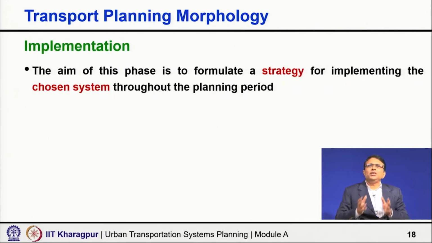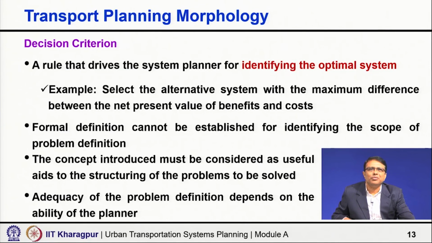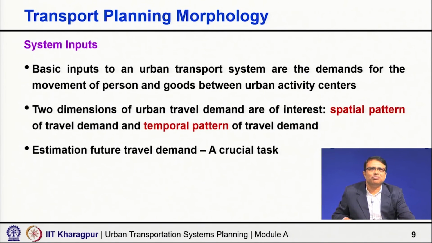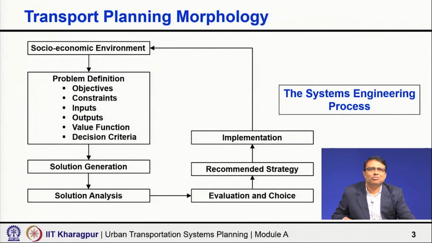Then the recommended strategy is implemented for the benefit of the society to address the concern, to address the problems, and you remember the feedback arrow, it will go back to the system, the socioeconomic environment, right.